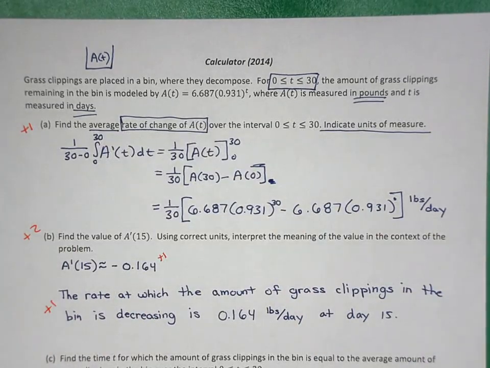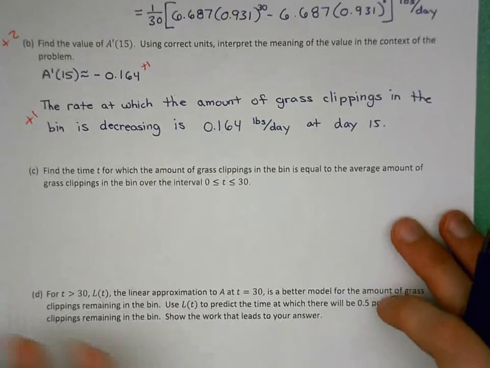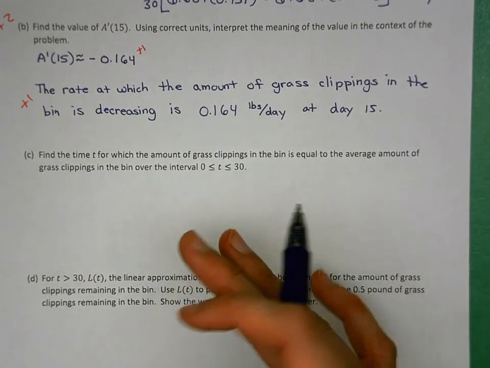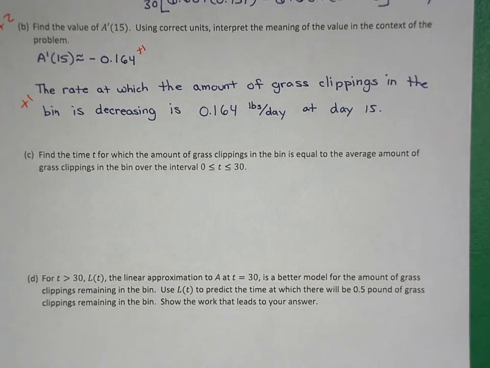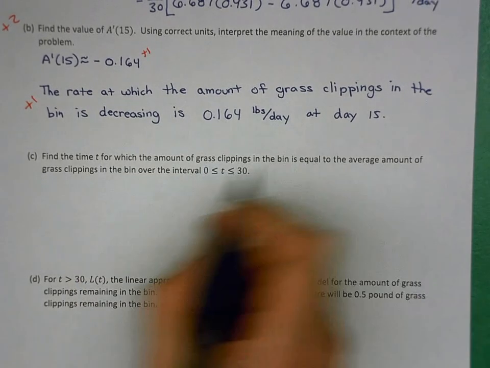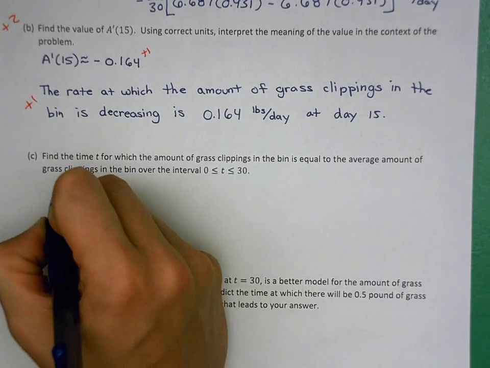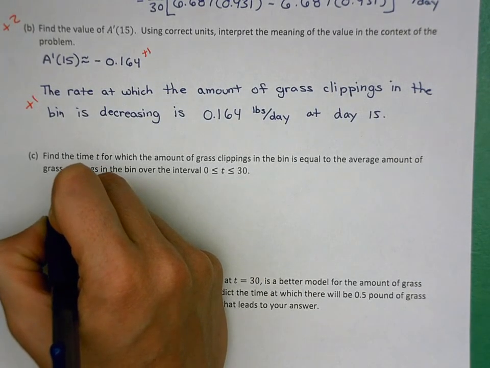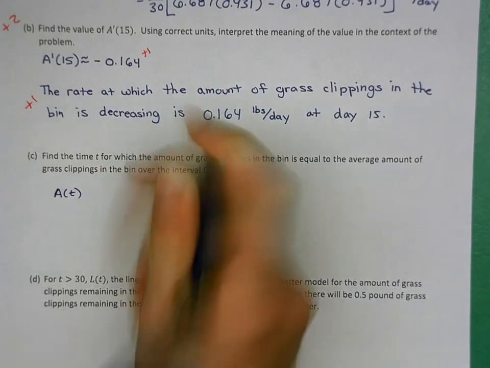Okay. 3C. Find the time t for which the amount of grass clippings in the bin is equal to the average amount of grass clippings in the bin over the time interval 0 to 30, okay? So we're going to find t for which the amount of grass clippings, that would be our A of t, that's what the amount of grass clippings is, right?